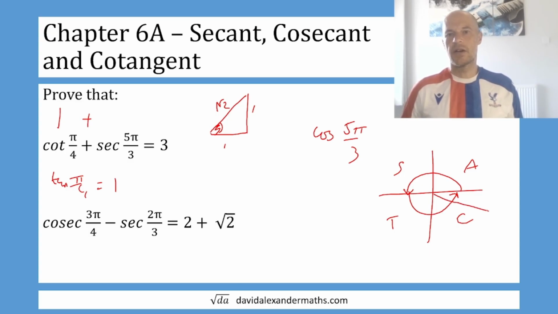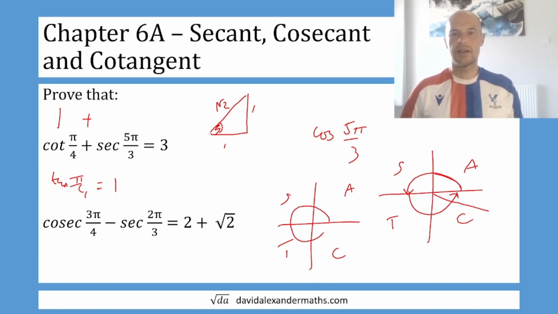So if I'm going around 5 pi over 3, that takes me that far round, leaving an angle here of pi over 3. This is in the C quadrant, so cos is still positive. So the cos of 5 pi over 3 is the same as the positive cos of pi over 3.